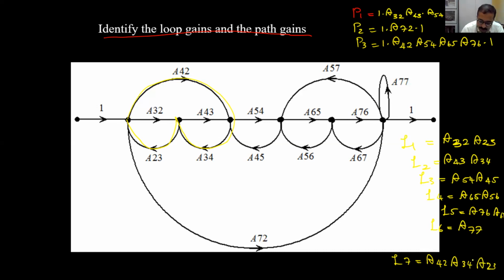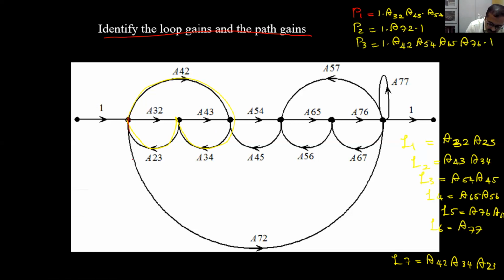Any other loop? See, A42, then what is the next loop? So that we already identified, right? Any other loop? Yeah.